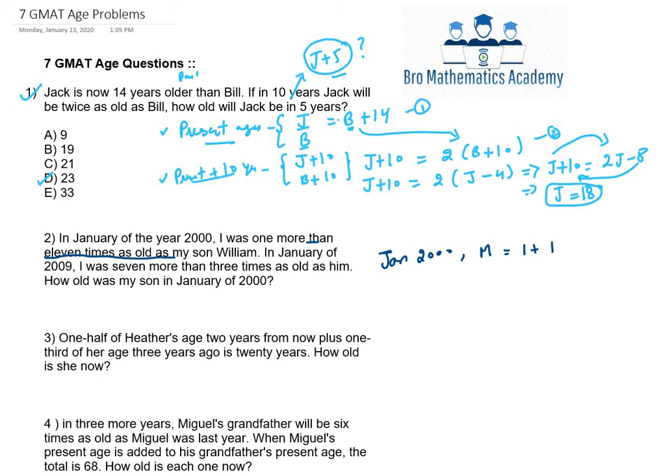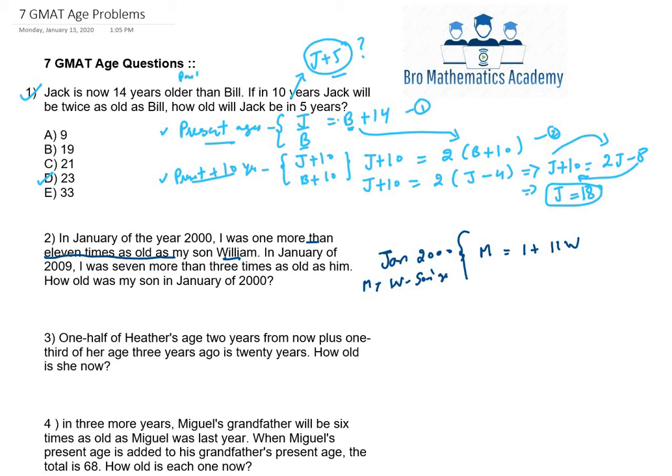So let's say my son William's age is W. So M is my age and W is my son's age, right? In January 2000. This is the relationship.